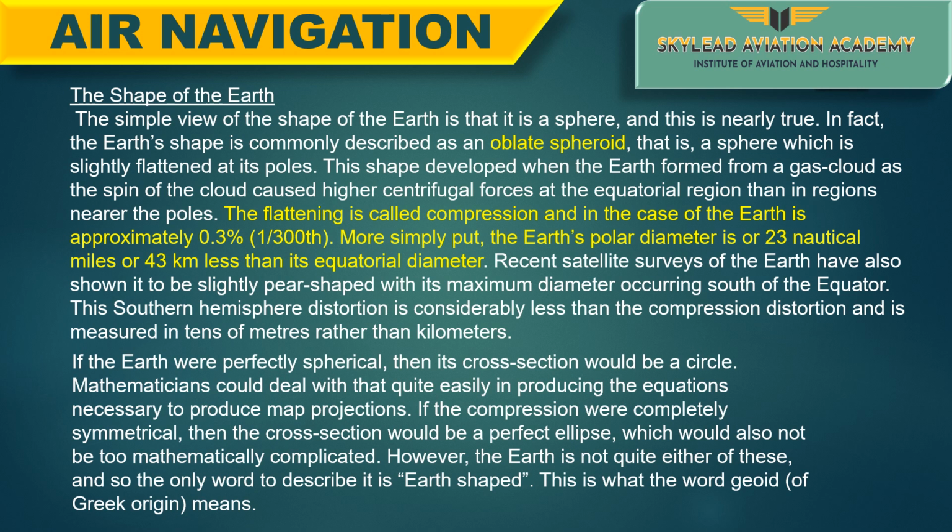The flattening is called compression, and in the case of the earth it is approximately 0.3%. More simply put, the earth's pole diameter is 23 nautical miles or 43 kilometers less than its equator diameter.